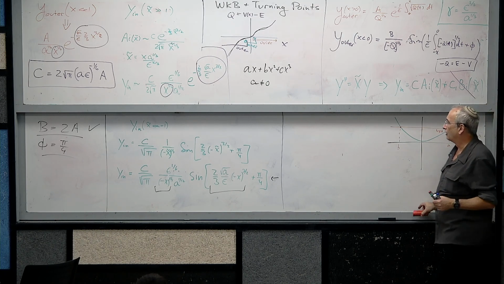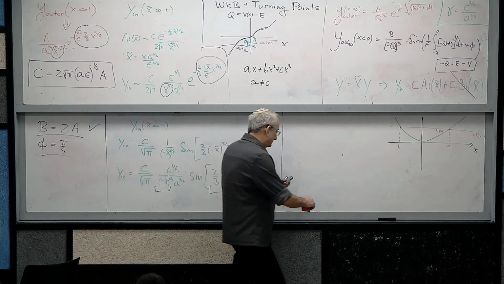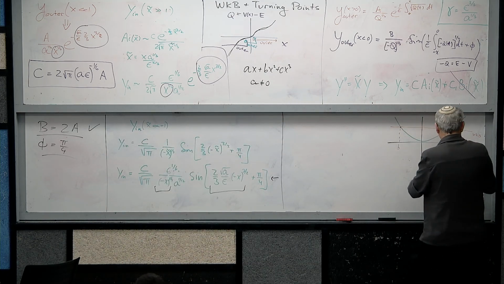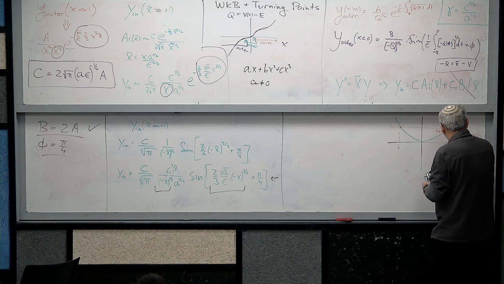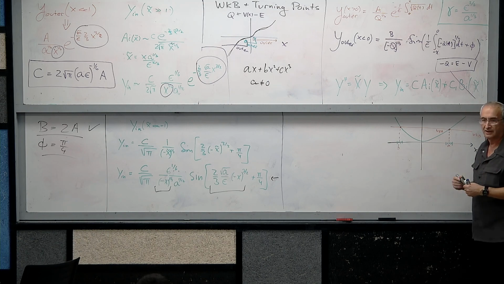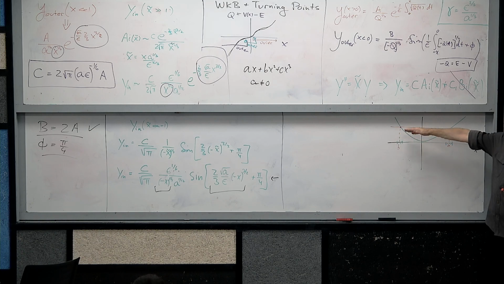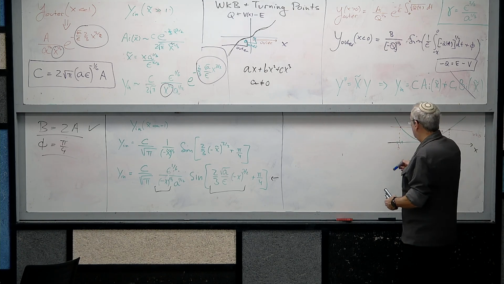Okay? So now I will forget about the fishy things that I have to do here and here in order to match the WKB. And I will look at what happens only to the WKB. So I forget about the inner solution. Right? So, what can I say?